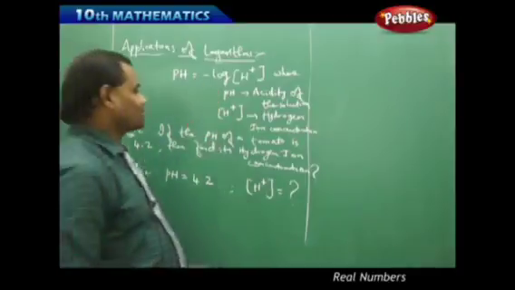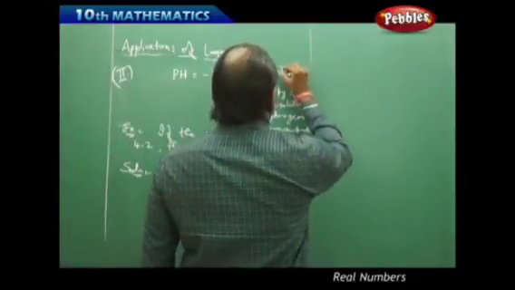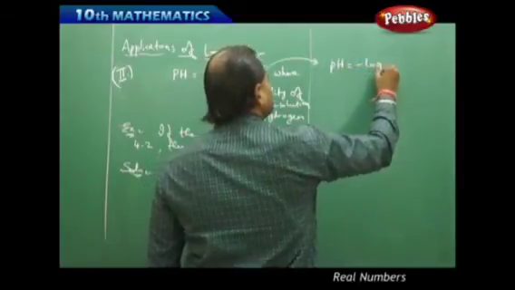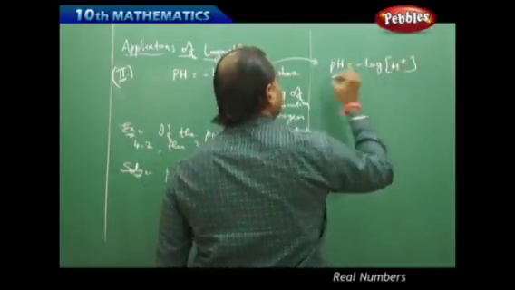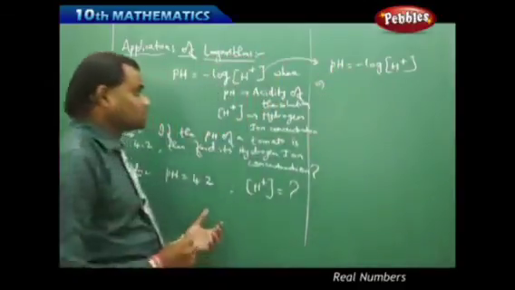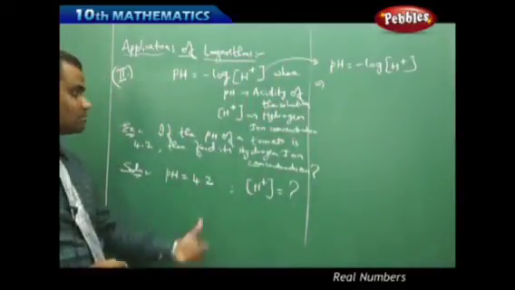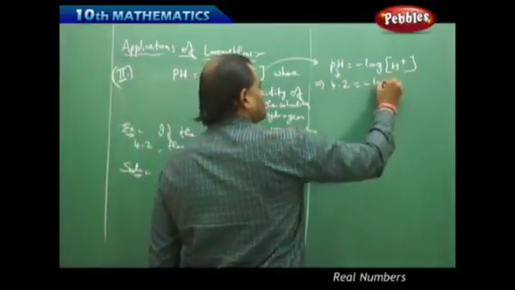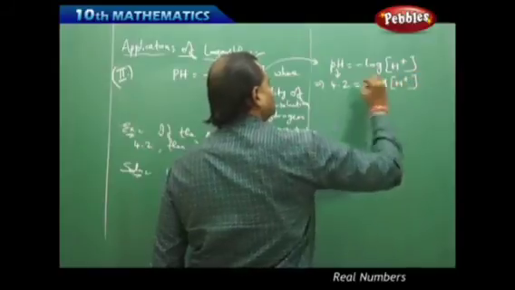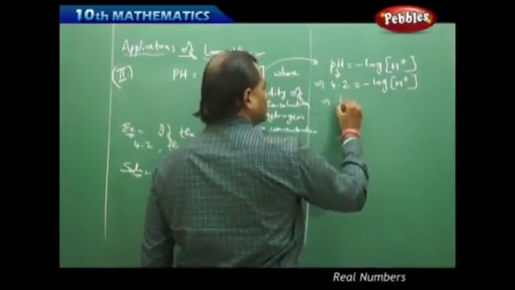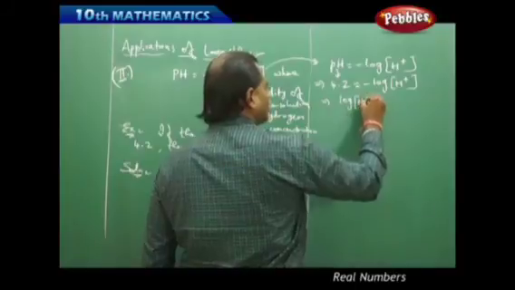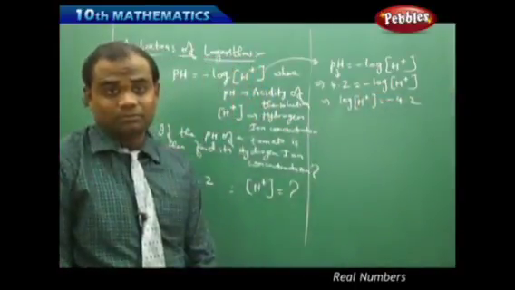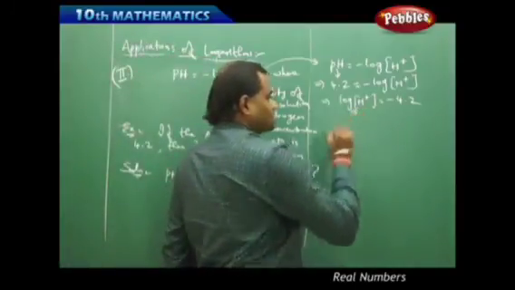So let's reconsider the logarithmic equation. pH is minus log of H plus, which when substituted with the values gives 4.2 is negative log H plus, so when I rearrange the terms I get log H plus is negative 4.2, of course to the base 10.